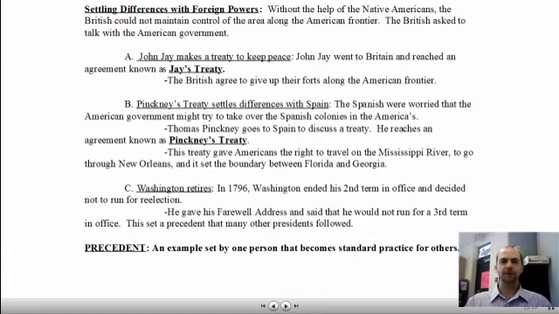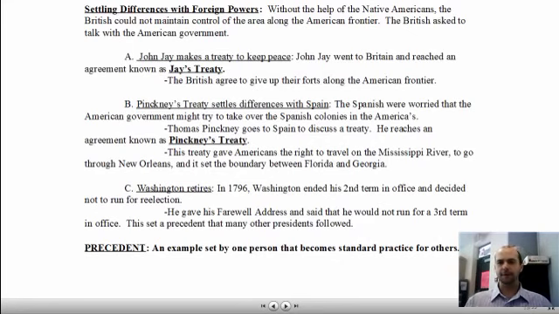He went to Britain and he reached an agreement known as Jay's Treaty, and basically he helped the British come to the conclusion that they should give up their forts along the American frontier, since that's what they agreed to in the Treaty of Paris. And now that their Native American allies had been defeated, they were left alone. So England gave up their forts along the frontier.